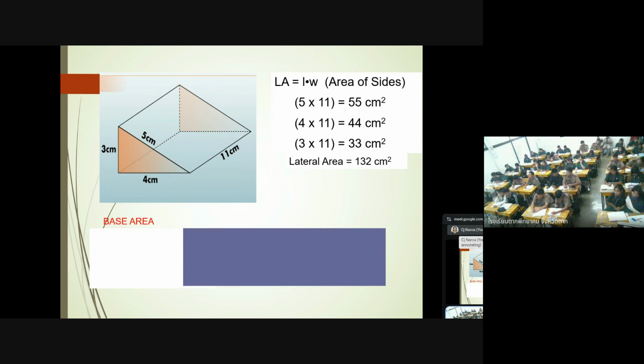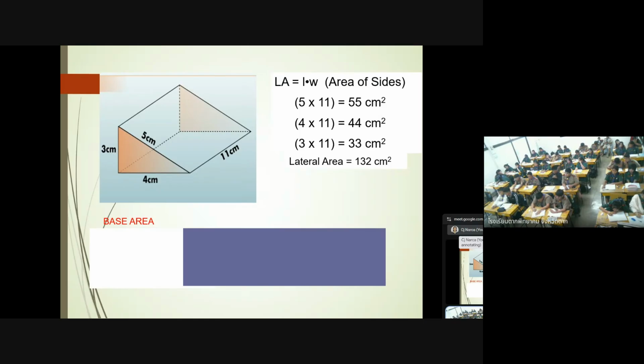So, therefore, 12 times 11 is still the same. So, 132. Same, right? So you can use this. You can also use this. What is easier? This one or this one? This one? Okay, you just add the perimeter of a triangle and then multiply by the length, which is 11. So you can get this.